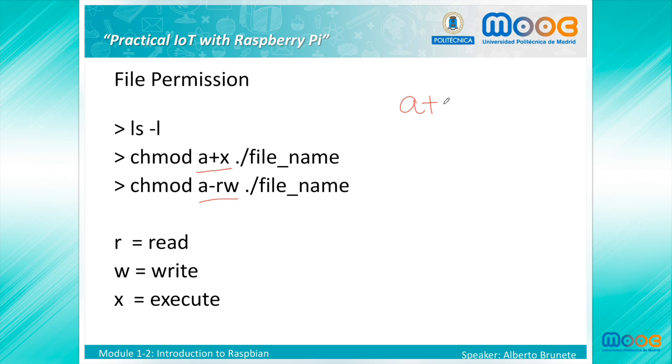A plus for adding, you can put rwx, you give all permissions, and with a minus you remove all permissions to the file that you write here, or just a single one. If you want to remove execution permissions, use this, and you use R for read, W for write, and X for execute.